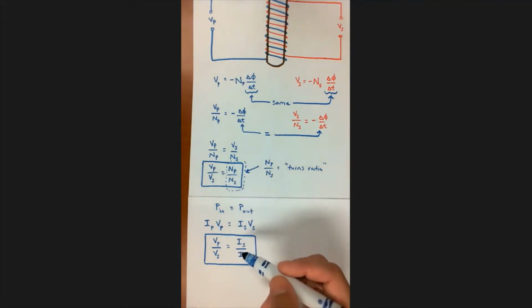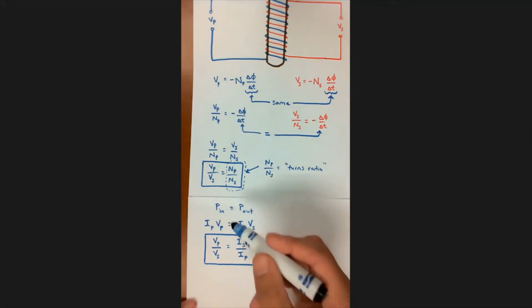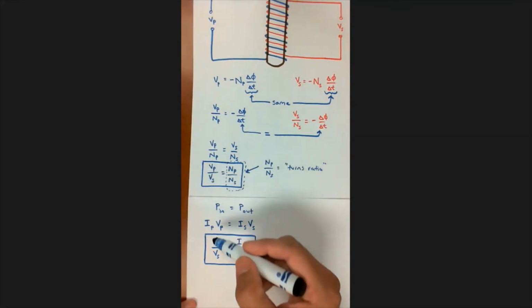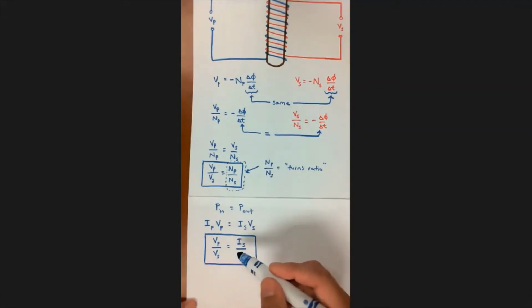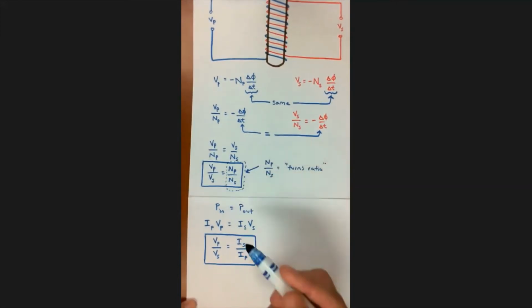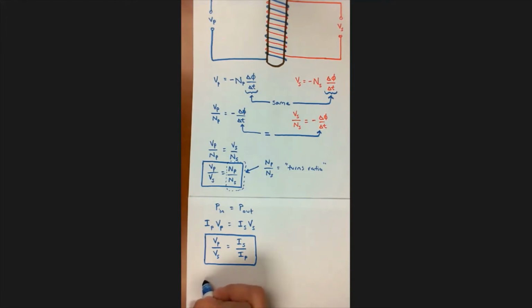So I'm going to rewrite this one last time by recognizing that this equals this, and this is the same thing as we have down here, and it equals this. In reality, this term and this term and this term are all equal to each other. So let's write that one last time. Nothing really new here, just rewriting it.